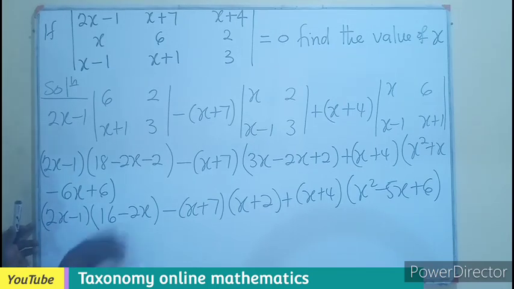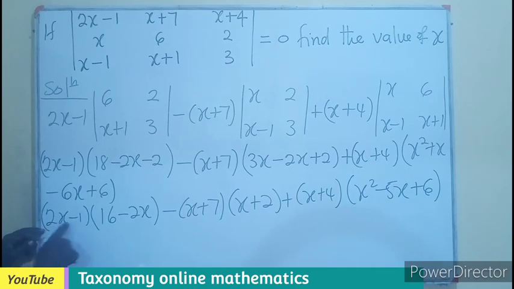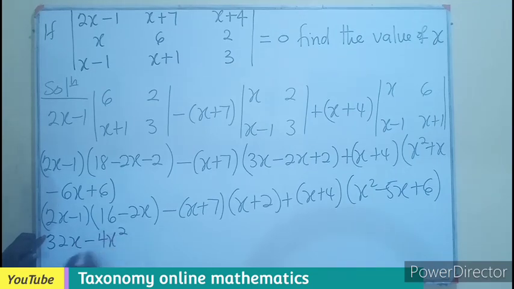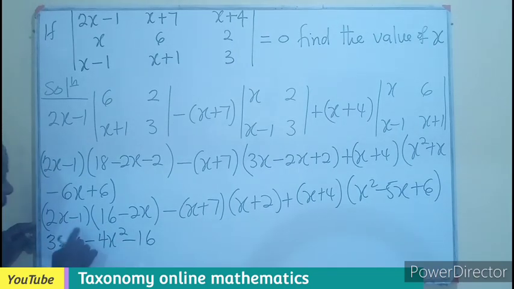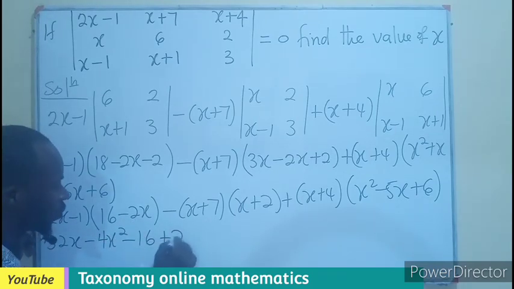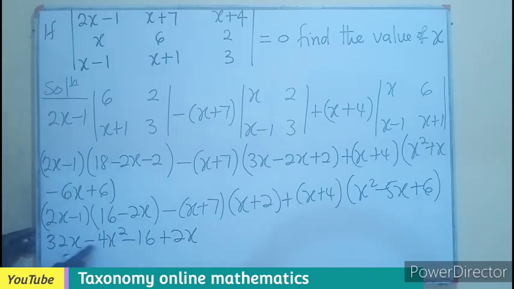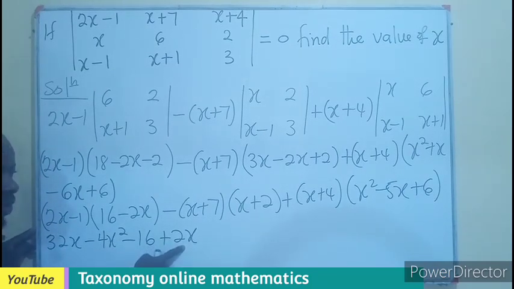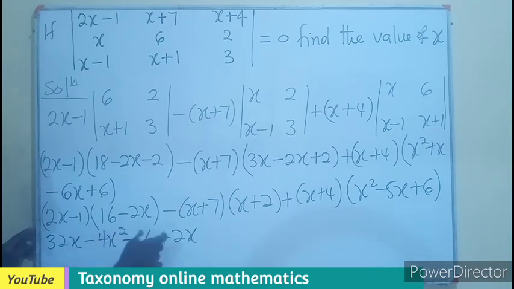So we are going to use the FOIL method, whereby 2x times 16 will give us 32x. 2x times negative 2x will give us a negative 4x squared. Then we take the negative 1. So negative 1 times 16 will be negative 16. Negative 1 times negative 2x is plus 2x. 1, 2, 3, 4. Don't forget, the FOIL method will give you 4 terms.